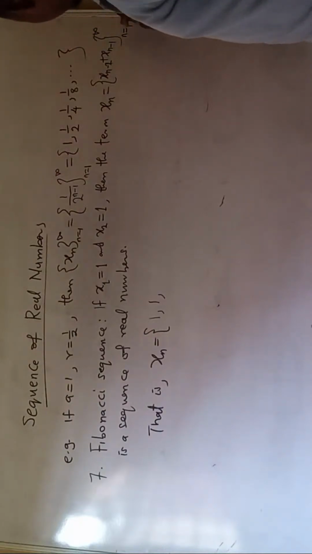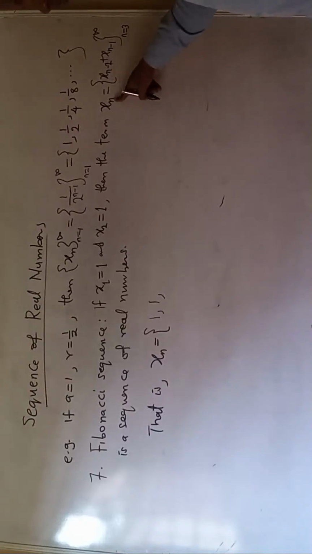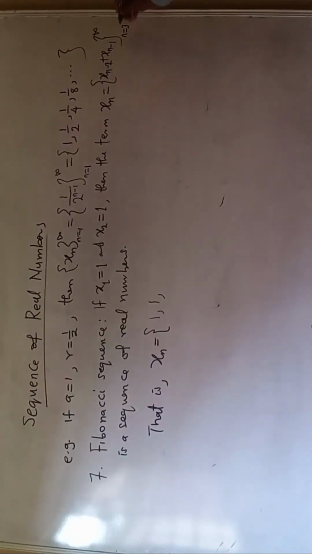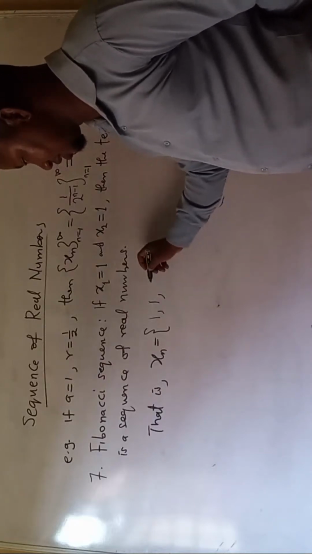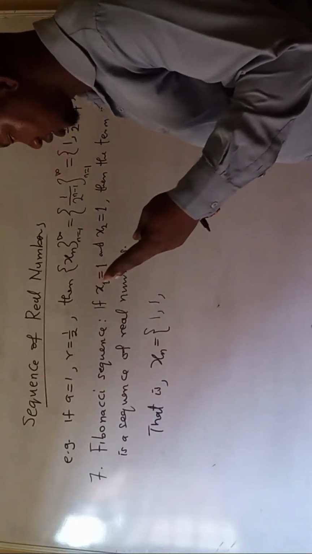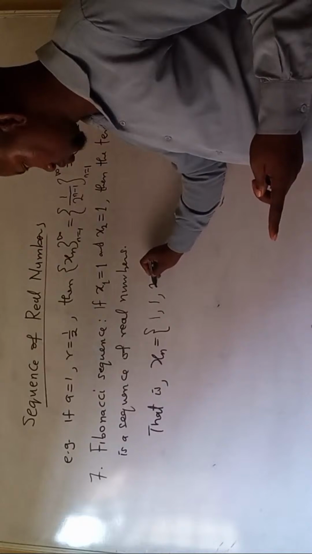Sorry, it should be 3, because when n is 3 we have x3. So when n is 3, we have x1 plus x2. That means the next term, which is x3, is going to be the addition of the two preceding successive terms, and that will be 2.